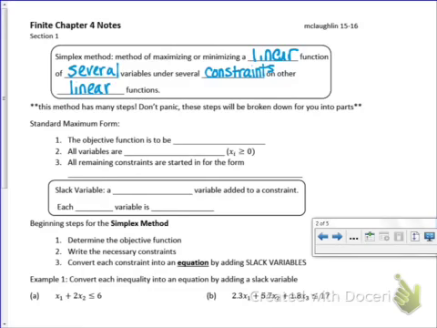So basically, we're going to have not just x and y, we're going to label them a little bit differently. Now there are many steps to this method, we're going to break it up. So the first thing we need to do is write it in standard form. If the function is to be maximized, we're going to follow this route.